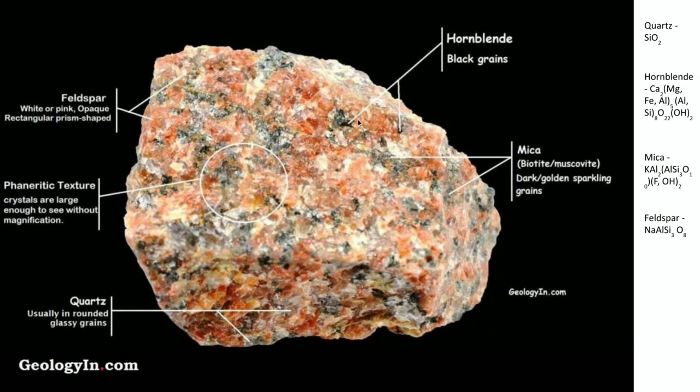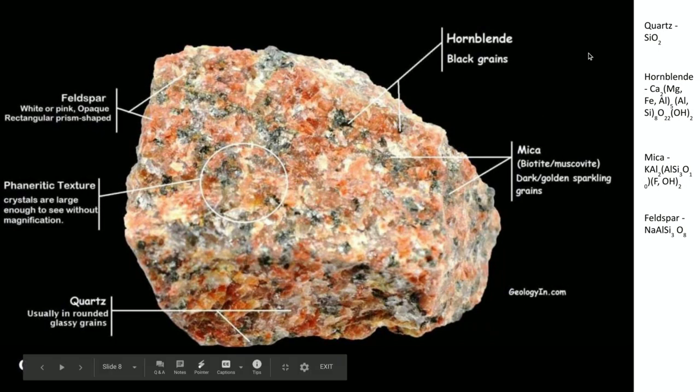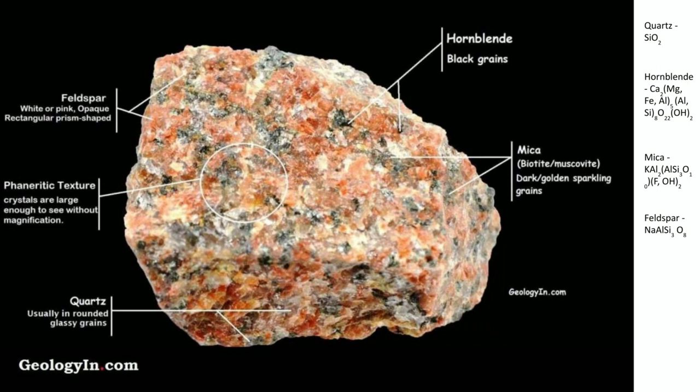So they are very, very complicated. Mica, a little bit less complicated. And then feldspar looks like sodium, aluminum, 3 silicons, and 8 oxygens in each one of those molecules. So in one rock, you've got several different molecules all mashed together in one substance.